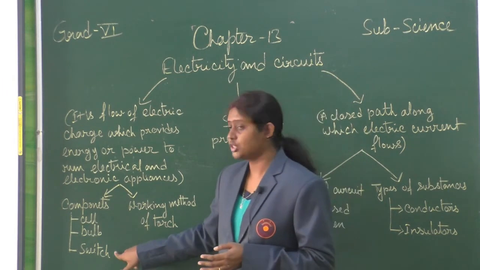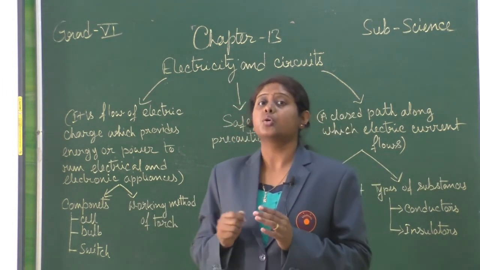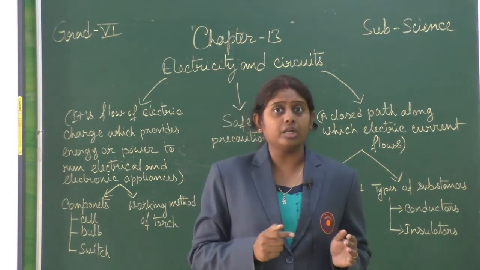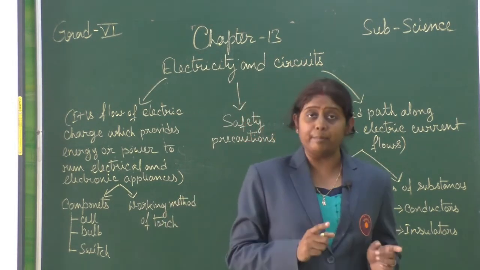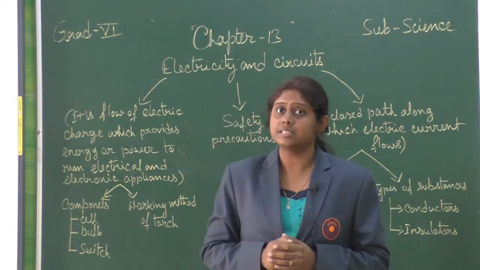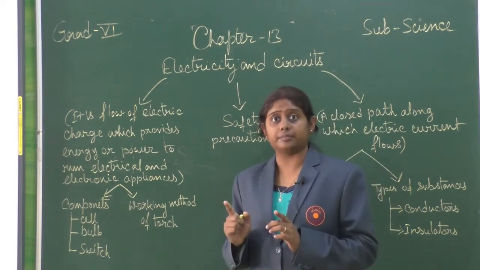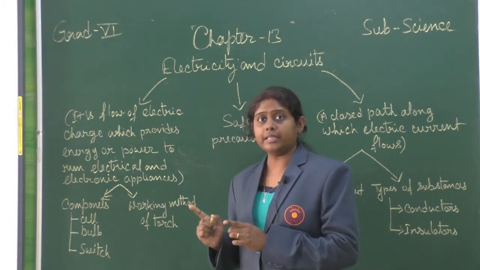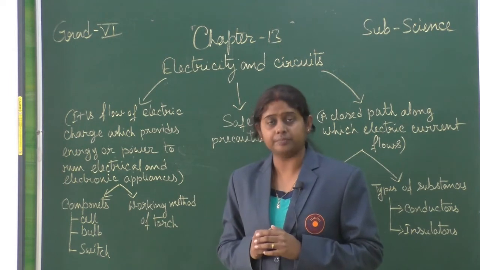Next one is the switch. A switch is an electrical device which we use to control the electricity. A switch can make or break the circuit. When the switch is in the on position, electricity can flow through it, forming a closed circuit.